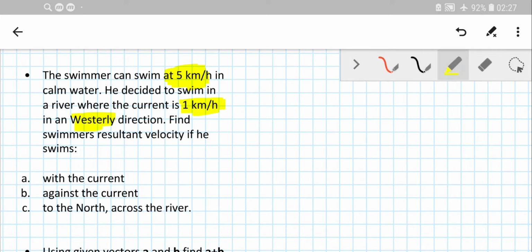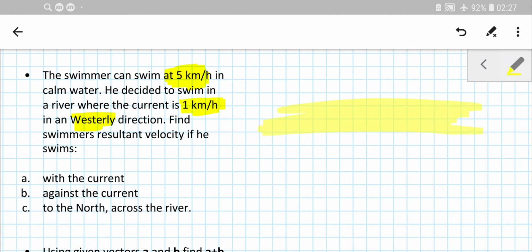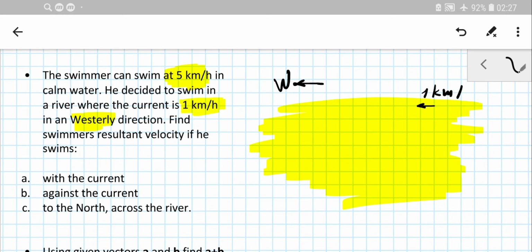So we can consider that if we have this as the river and we set up the west direction that way, we can set up, let's say, this one cell as 1 km per hour.